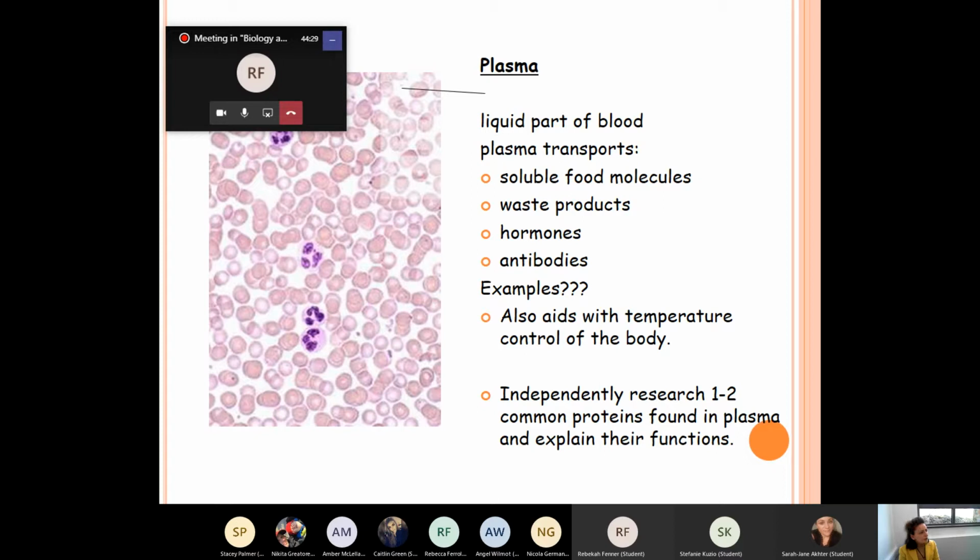What about waste products? What about dead cells? Does it transport the dead cells? Well, obviously it transports things like platelets, essentially fragments of dead cells, right? But I'm more looking for substances here. CO2. CO2, absolutely right. Carbon dioxide, well done.